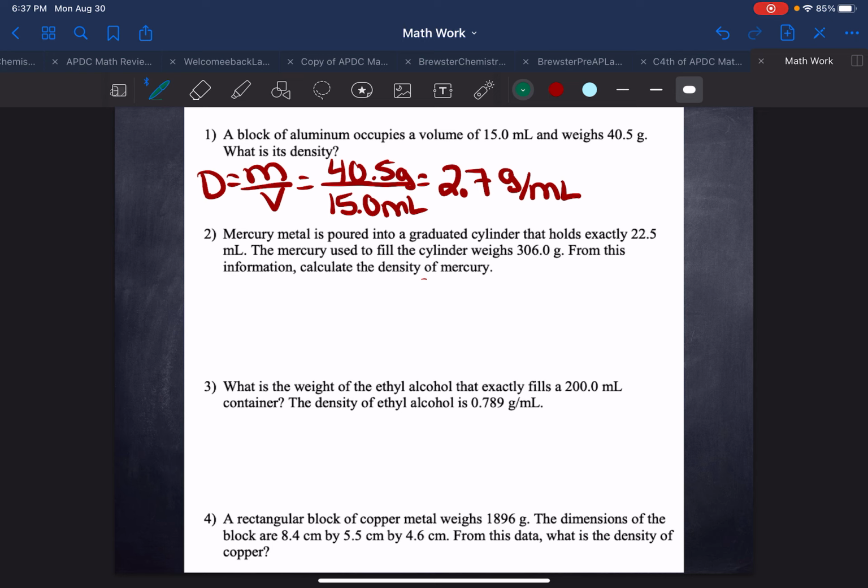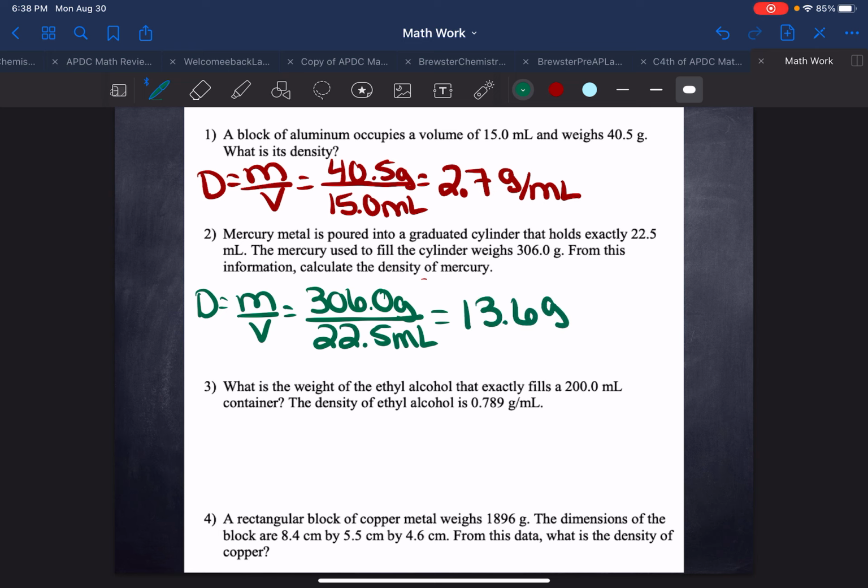So my mass, again, same formula, is 306.0 grams. My volume is 22.5 milliliters. And I get 13.6 grams per milliliter.